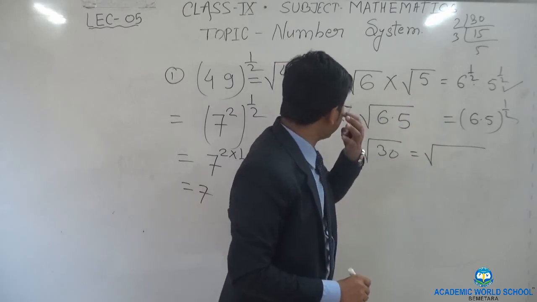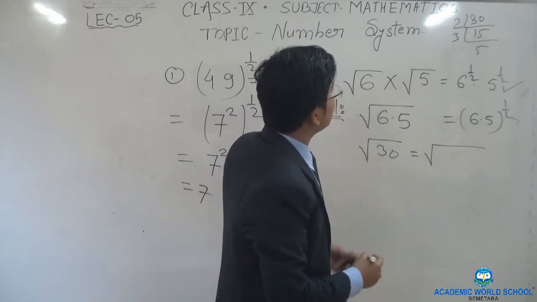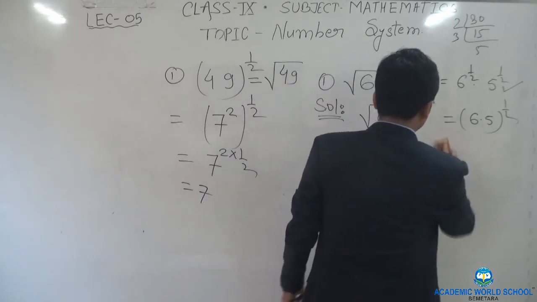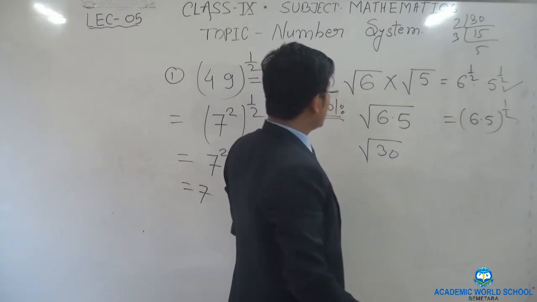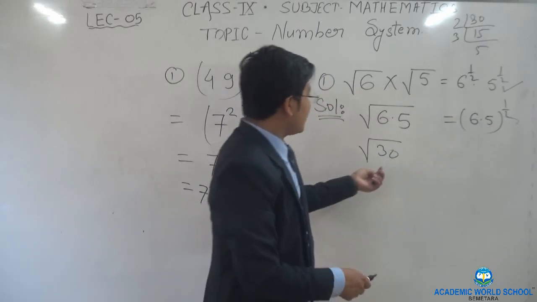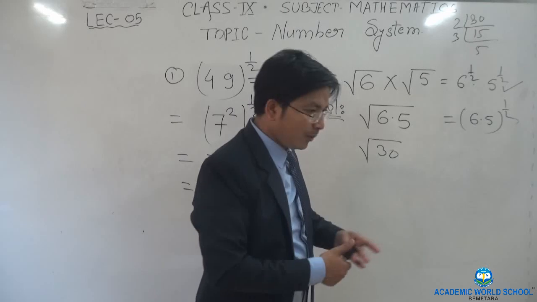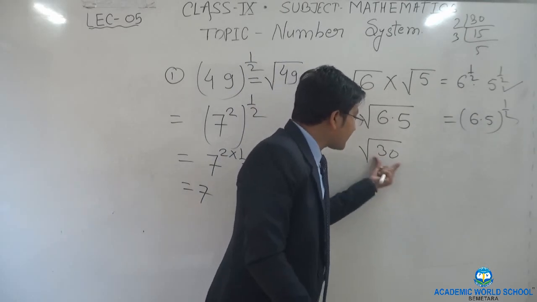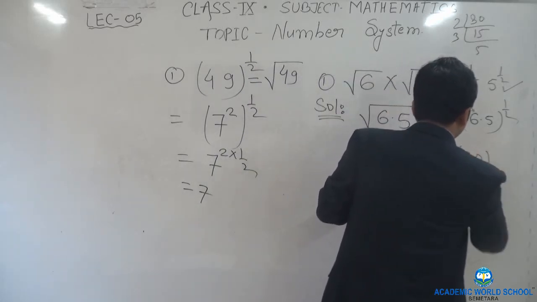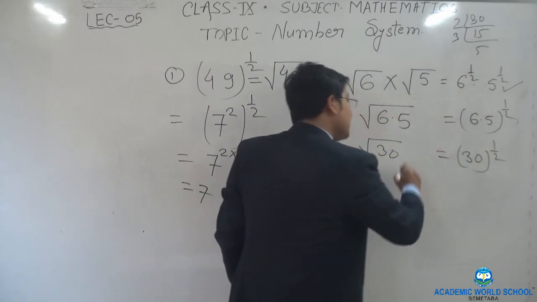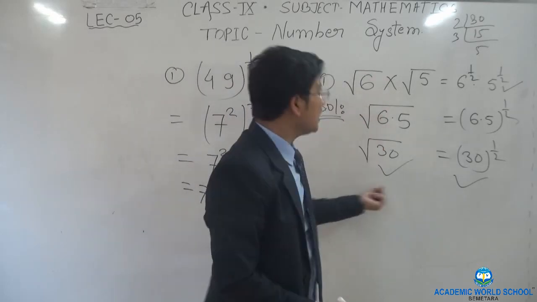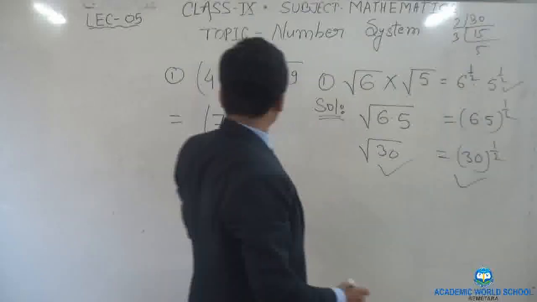No pair is there in the prime factorization of 30, so nothing can be taken outside. So root over 30 will be the answer. Either I can write root 30 or I can write 30 to the power 1 upon 2. Both of these answers are correct. Understood? Either way, both are correct.